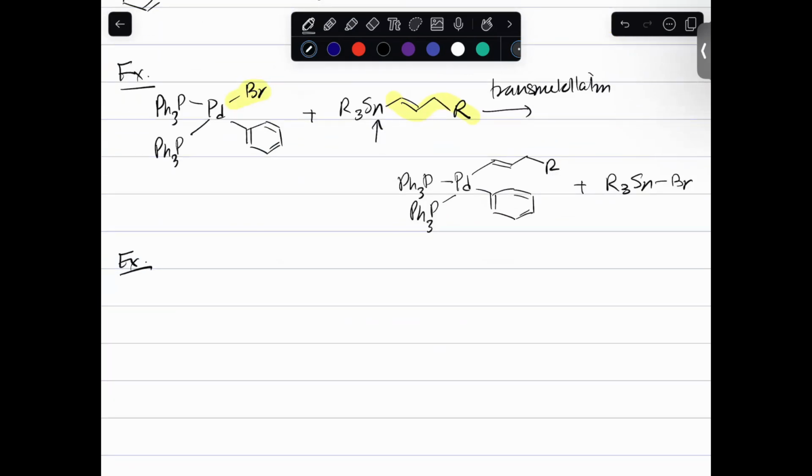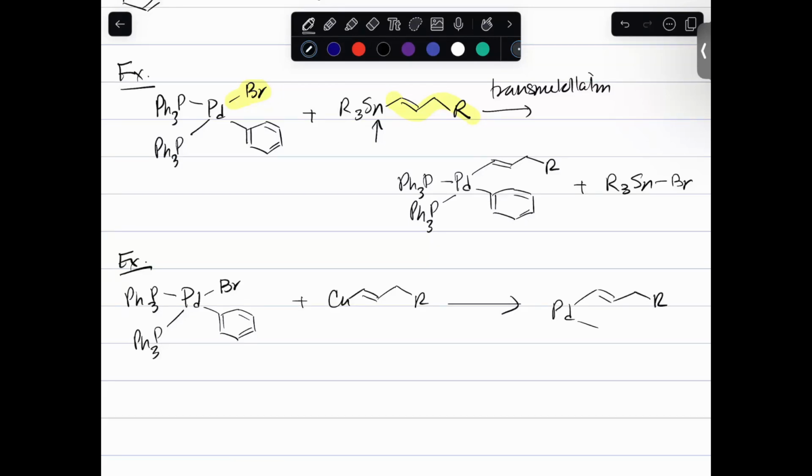Example. You can also do it with cuprates. You can do the same thing with copper reagents for the transmetallation.